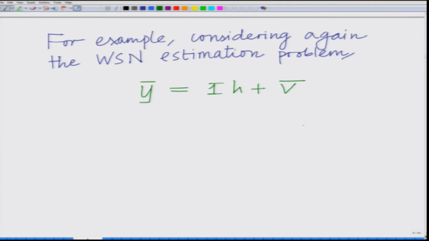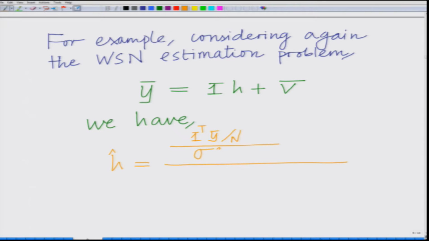Recall that the estimate h hat is 1 bar transpose y bar divided by sigma square, plus the prior mean mu h divided by sigma h square, all divided by n over sigma square plus 1 over sigma h square.